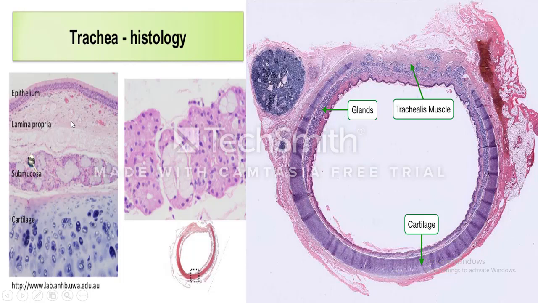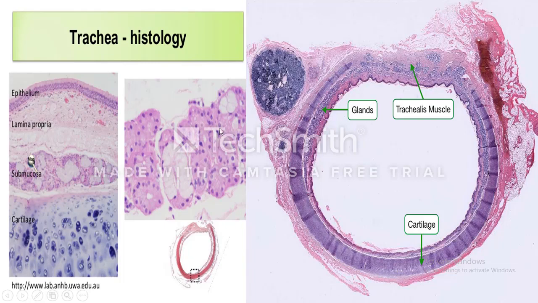And in this submucosa, you see acinar tubular glands. This gland is a seromucous gland. Okay, and this part is adventitia. This is the mucosa, and this is a serous gland.